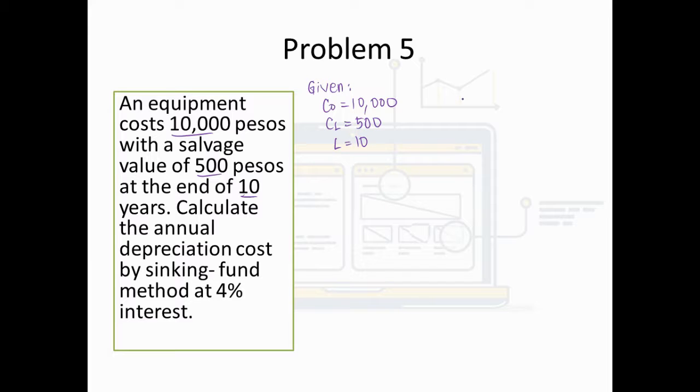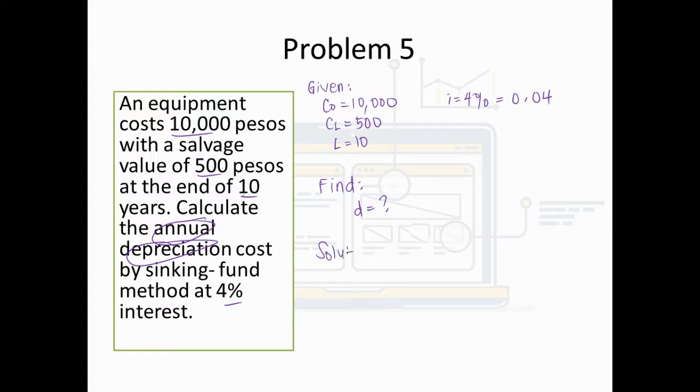It is also given, the interest rate is 4%. So we have I is equal to 4% or 0.04. For this problem, we were just asked to find the annual depreciation cost or the value of our depreciation per year. So our unknown is only the small letter D.